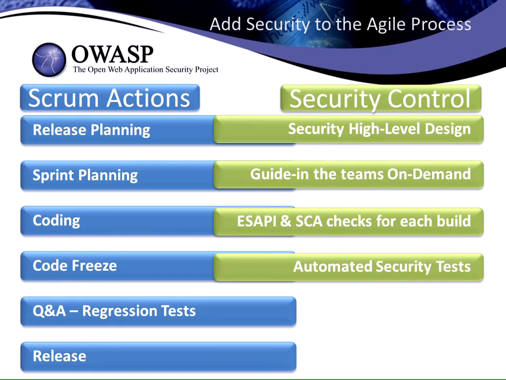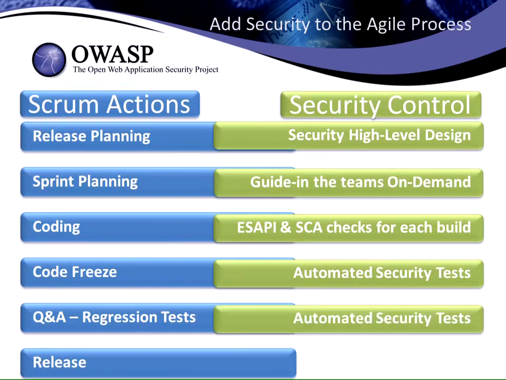Once we are happy with the code, we checked in the build success. We run automated security test during these 2 steps. And during these steps, we actually have a better visibility on the product and what is about to be released.